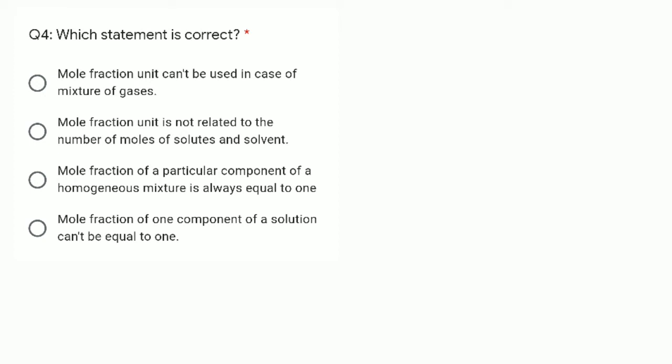Mole fraction of one component of a solution cannot be equal to 1. Yes, this is the correct one, because the mole fraction for a particular component in a solution cannot be equal to 1. We know that if we add up the mole fractions of all the components, then it is equal to 1. So option 4 is the correct option.